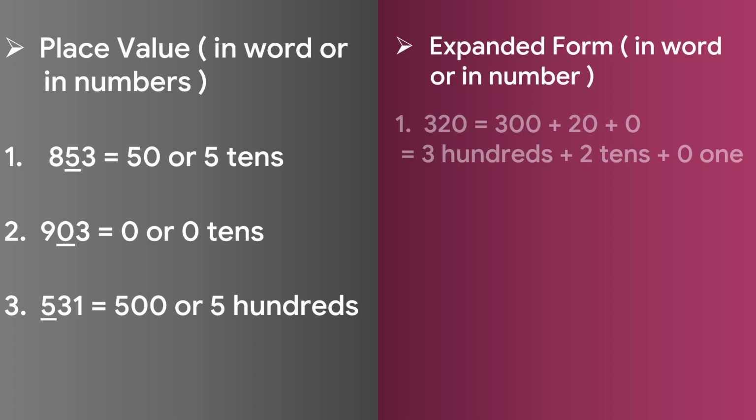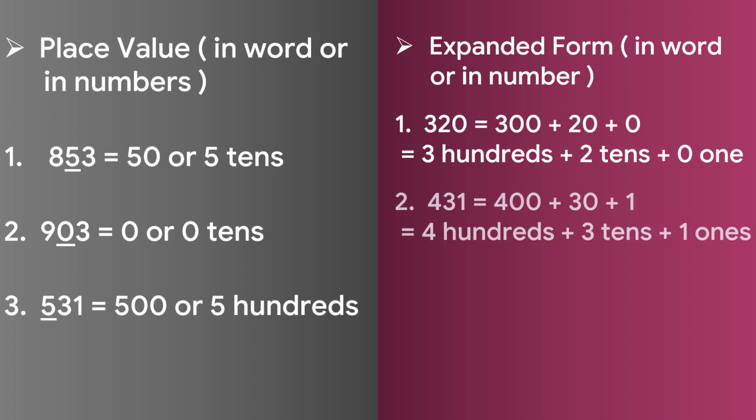Now the next topic is expanded form. You have to write down expanded form in words or in numbers. Your first question is 320. If you want to write down expanded form in number, then you have to start from the first place. Your first place is the hundreds. That's why you have to write down 300 plus 20 plus 0.